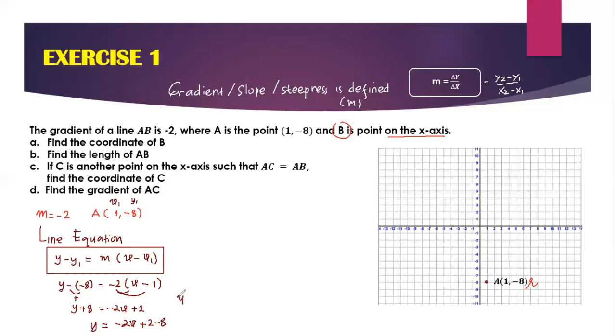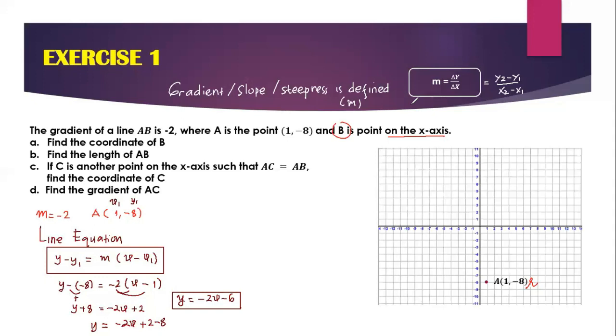So we have the line equation y equals minus 2x minus 6. Is it clear to you?